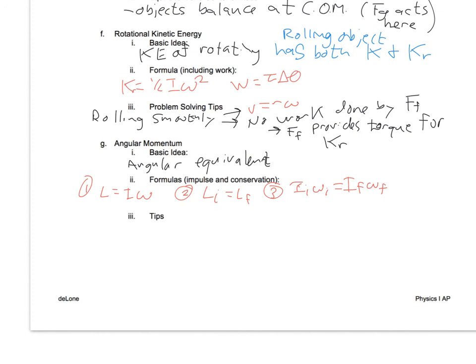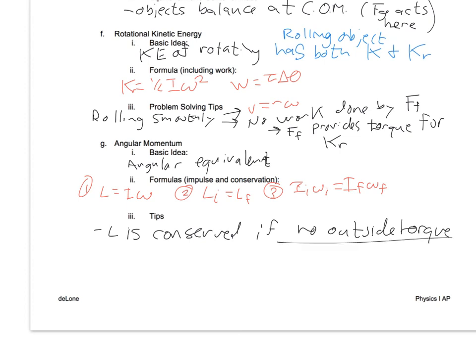Obviously, we could set this equation up normally like we would, where there's two individual objects rotating and then they collide or somehow interact, and we have a new angular momentum. A few tips with this, all right? Keep in mind that L is conserved if there are no outside torques, right? That is the big qualification for this to be true, or no net outside torques, right?